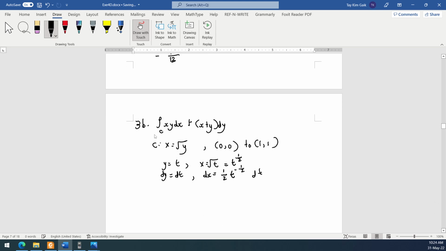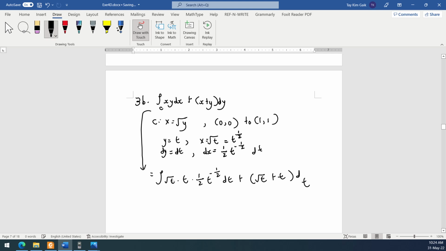Then you plug in from here: x is square root of t, y is t, dx is half t to the power negative half dt, dy is dt. Because you use a calculator, it's okay. If you do it manually it is a little bit too difficult to integrate, but with a calculator it is still okay.